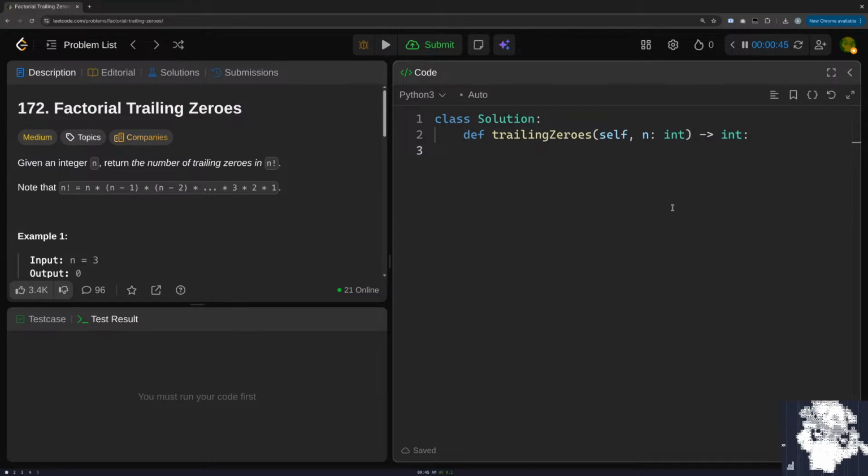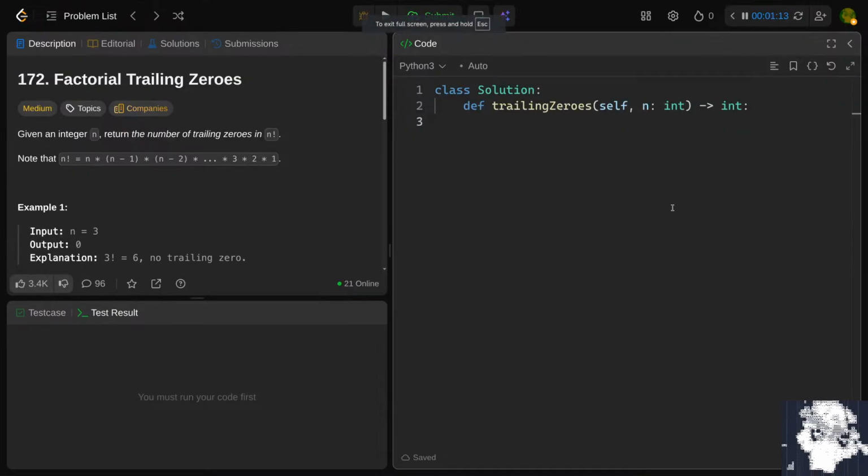The number of trailing zeros. So the most obvious way to do this is to calculate out the product and then count the zeros. And I'm guessing that's going to be too slow. I don't immediately have any insights into what would cause there to be zeros so that we can skip the calculating part.